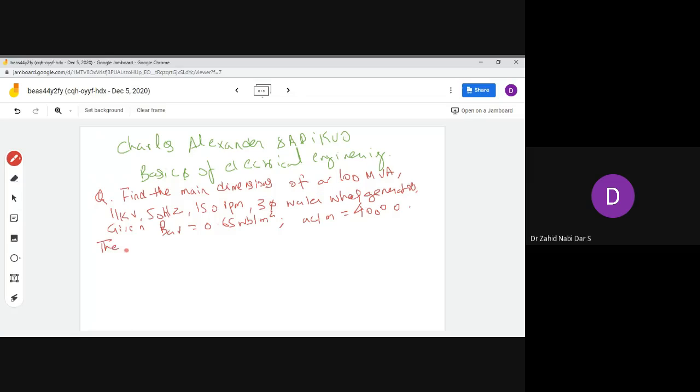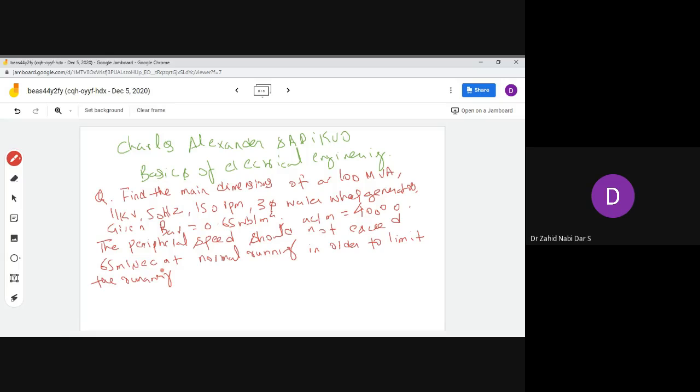The peripheral speed should not exceed 65 meter per second at normal running, in order to limit the runaway.